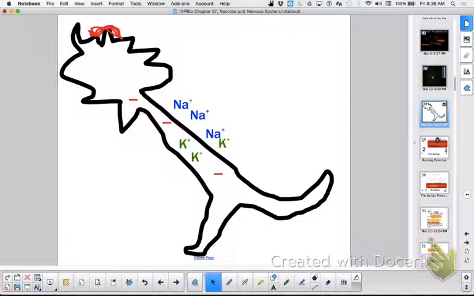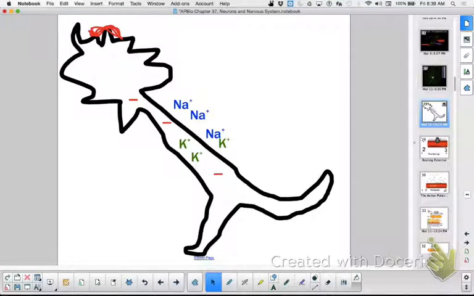If enough comes in that it reaches the threshold, then it'll trigger all the gates to open like dominoes. Along the whole length. That is your action potential. That's how you get from point A to point B. And there at point B, you can release a neurotransmitter which can stimulate the next neuron, muscle, or gland.